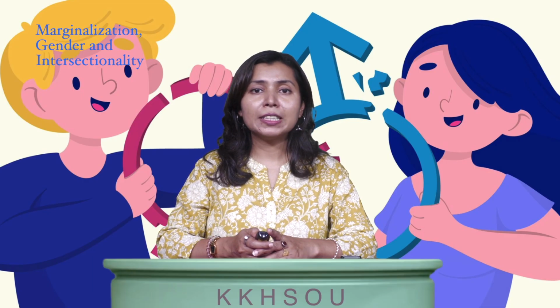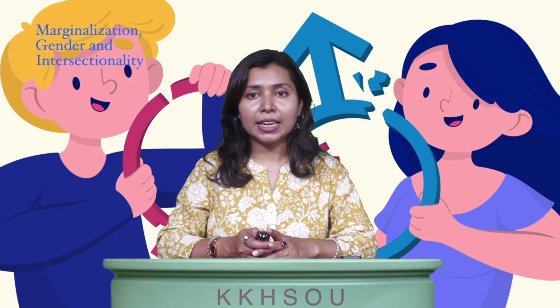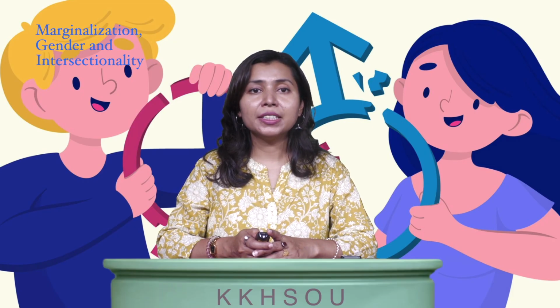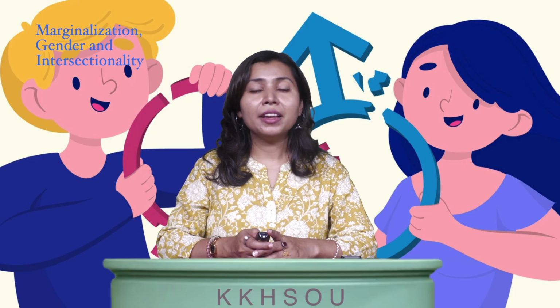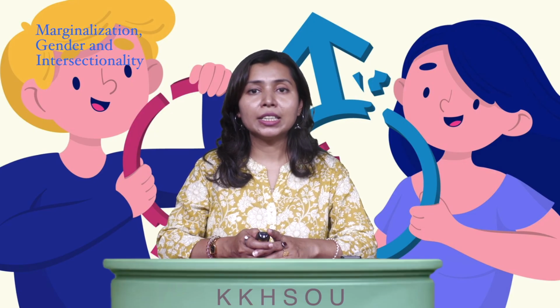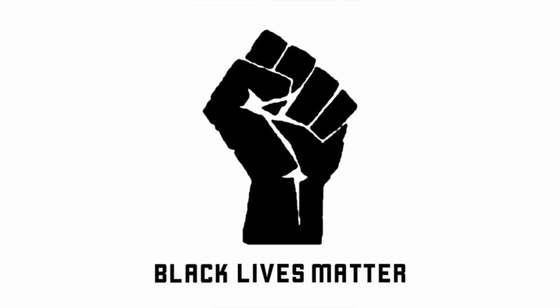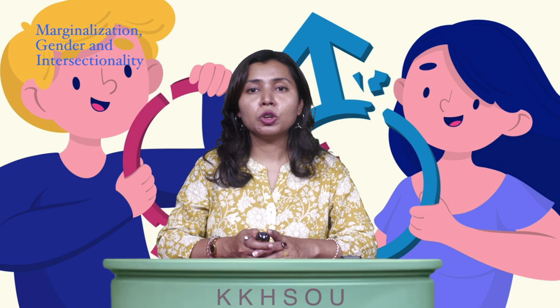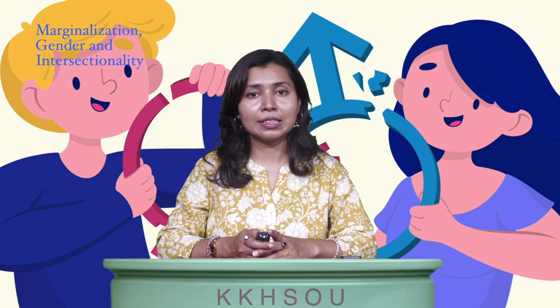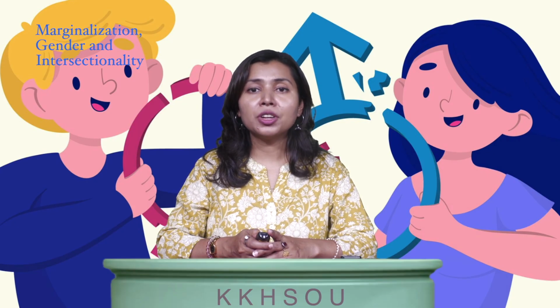Contemporary social movements combating marginalization and gender inequality often operate transnationally while remaining rooted in local contexts. Movements such as #MeToo, Black Lives Matter, and indigenous rights movements demonstrate how local struggles connect to global patterns of injustice. They employ intersectional frameworks to build broad coalitions while respecting diverse experiences and priorities.